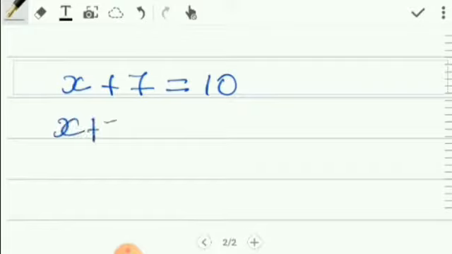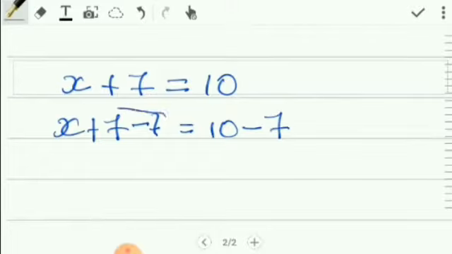How do we cancel or get rid of the 7? We minus 7. But whatever we do to one side, we do to the other side. So we'll minus 7 from the other side. At this time, these two will cancel out. So x is equal to 10 minus 7, which is 3.